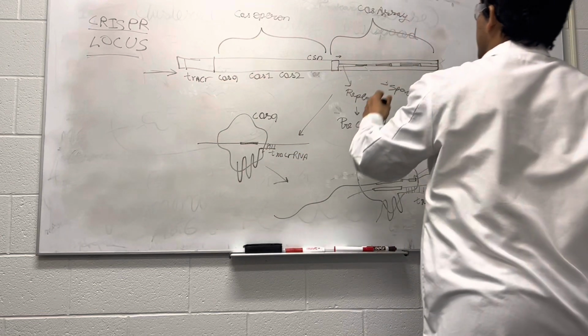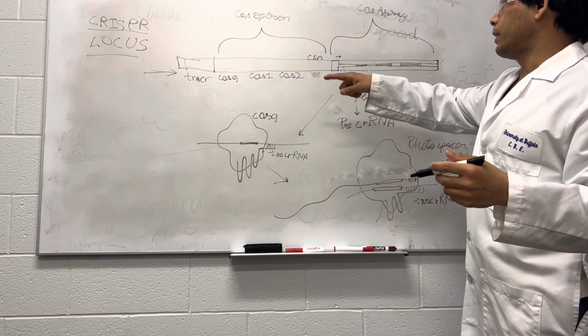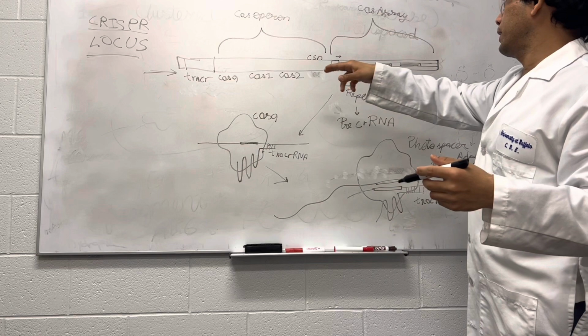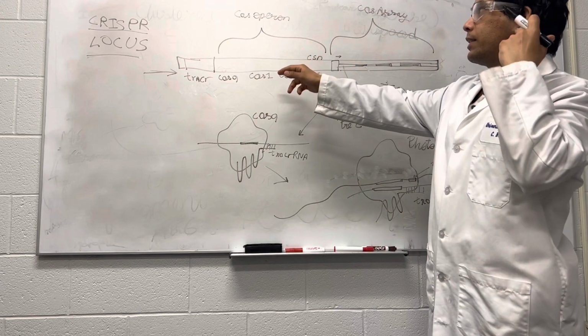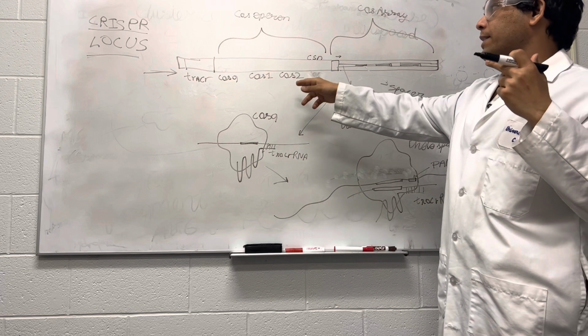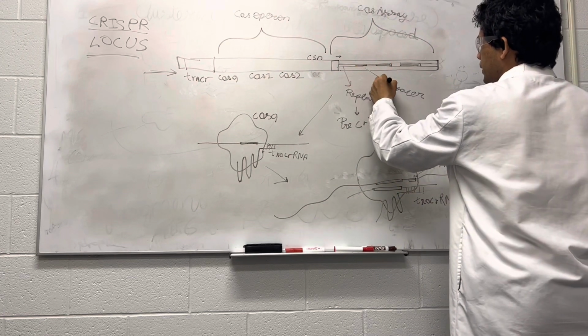The Cas array includes the repeats and the spacers that we get from the function of Cas9, Cas1, and Cas2, as we have discussed in the previous video.